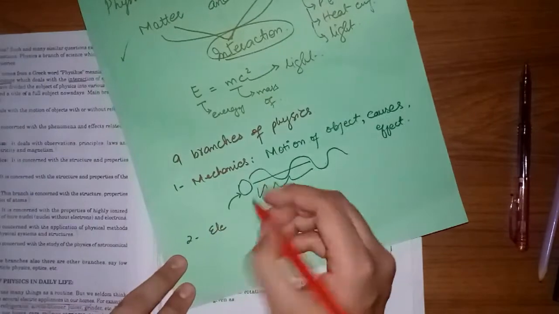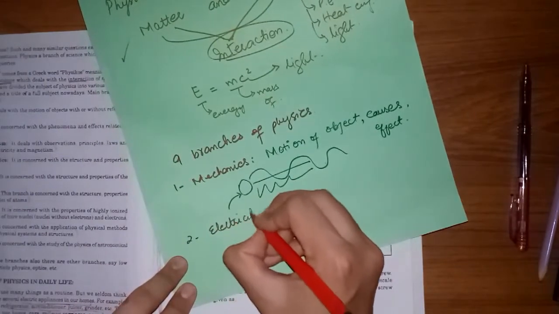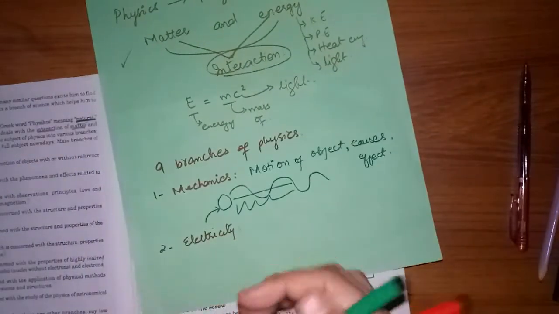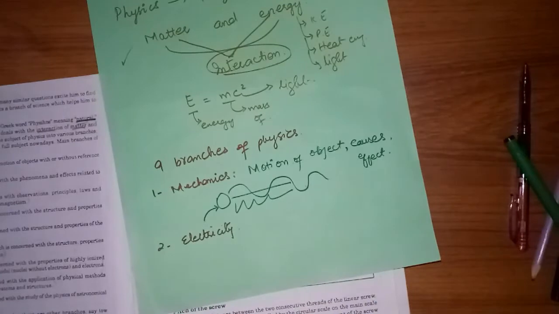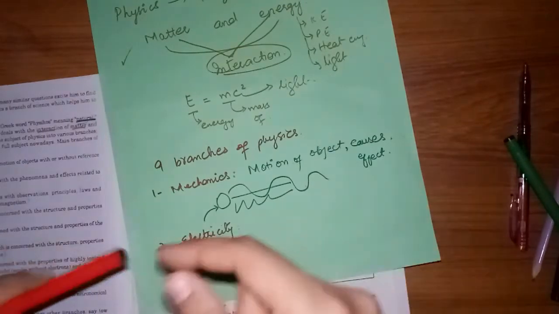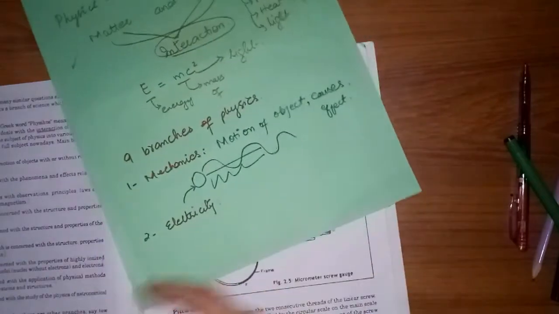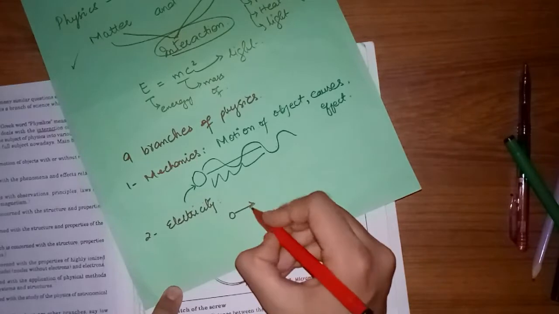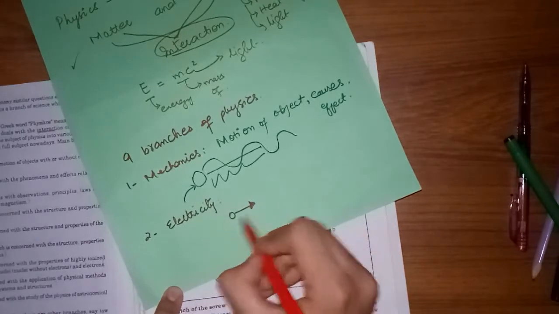Now the second one is electricity. We all must have heard this word electricity. In this branch of physics, we study the phenomena and the effects related to electric charges: how electric charges move, how they transform electric energy.